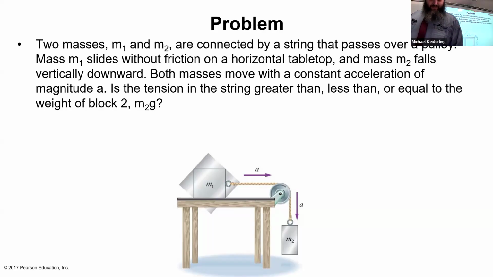So, do you think the tension in this string is greater than, less than, or equal to the weight of block 2?